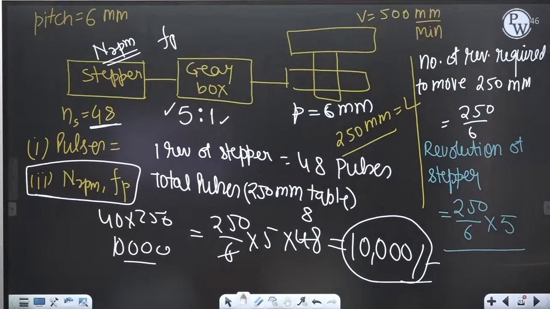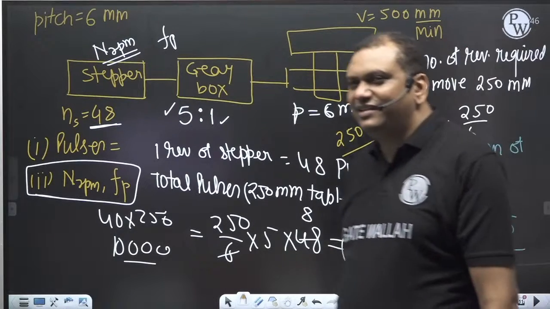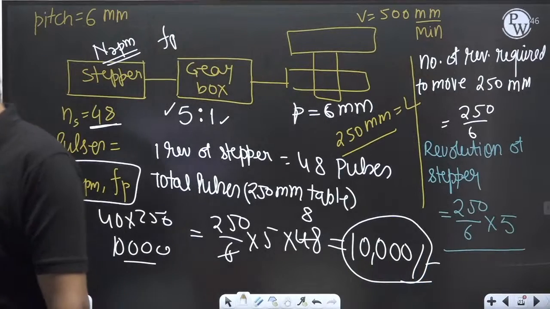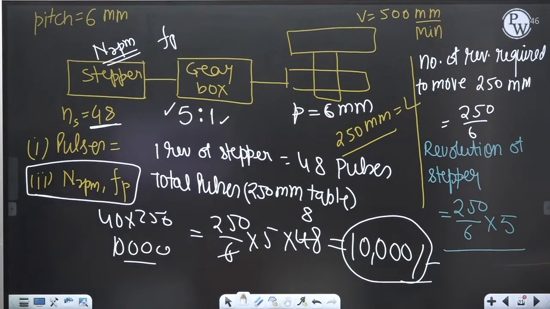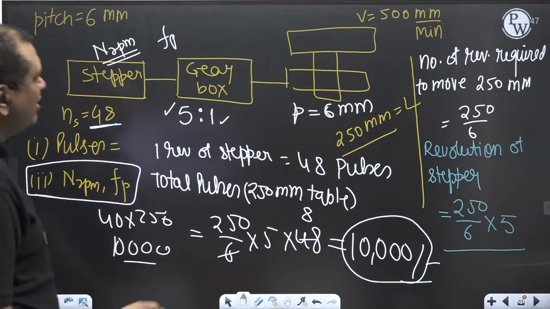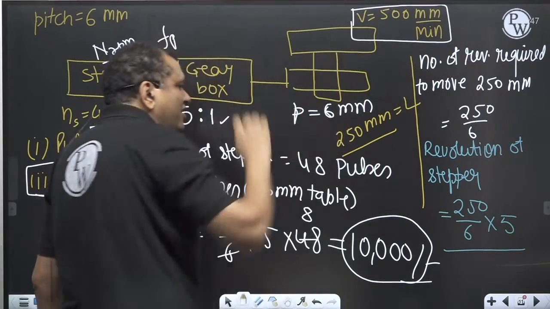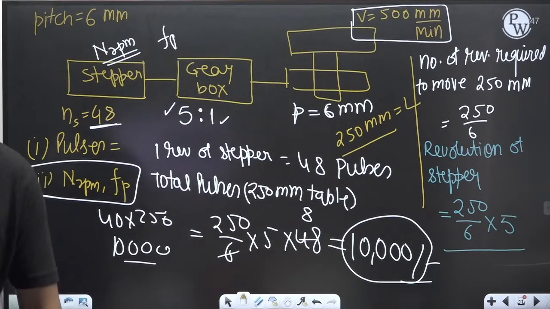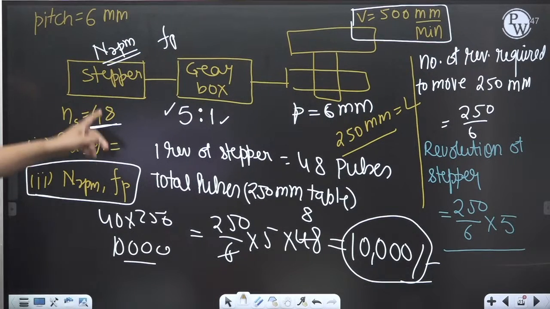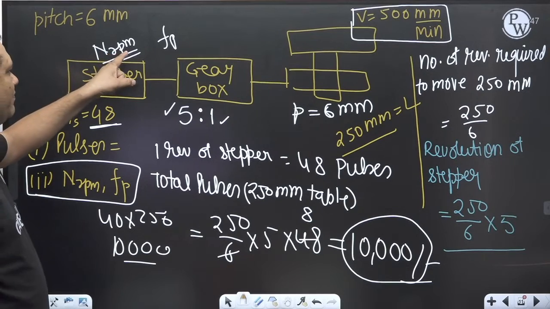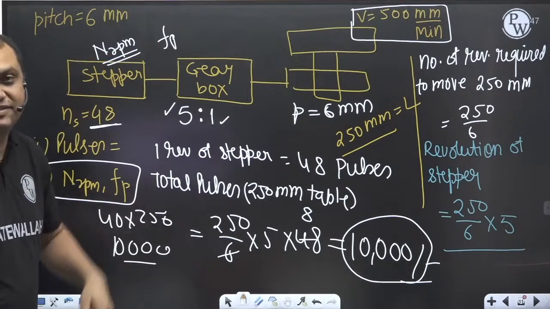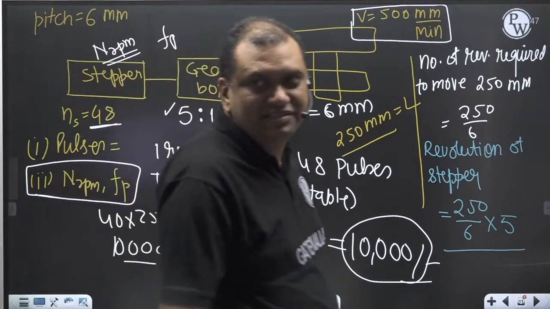If there is no pain, there will not be any gain. At least you try. The velocity of the table is given to you. I want you to give me the answer of the RPM and the frequency of pulses.